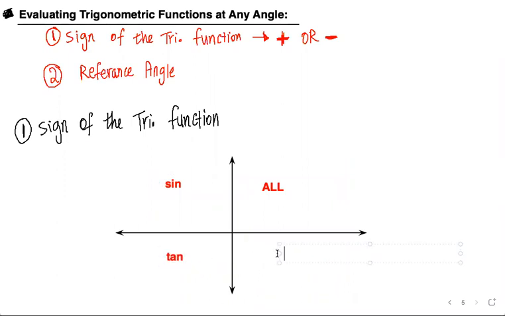For the fourth quadrant, the cosine is the only positive function.